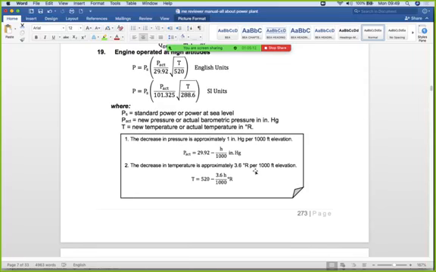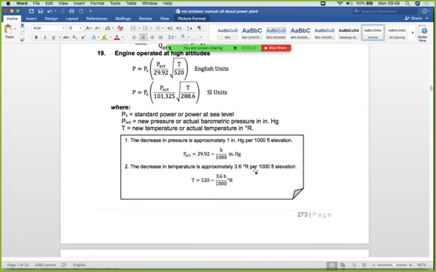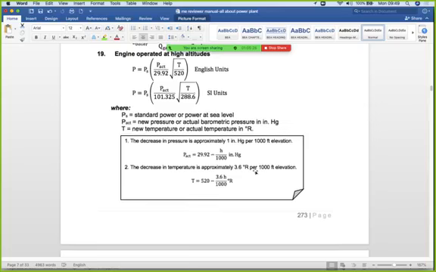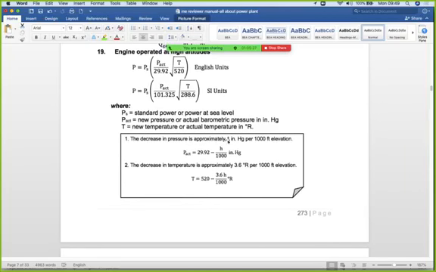There will be an inverse proportionality: the higher the elevation, the lower the values of pressure and temperature. So this is now the relationship, 1 inch per 1,000, that is deducted from the standard value of mercury, 29.92. So it will lower the actual barometric pressure.